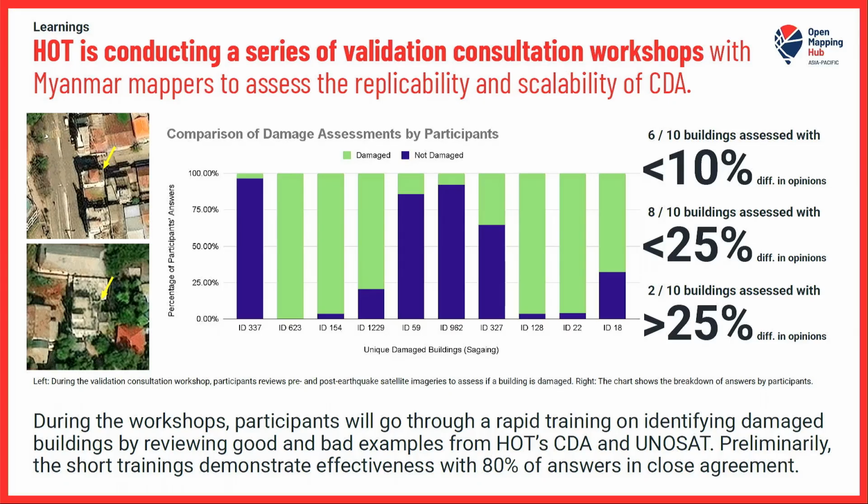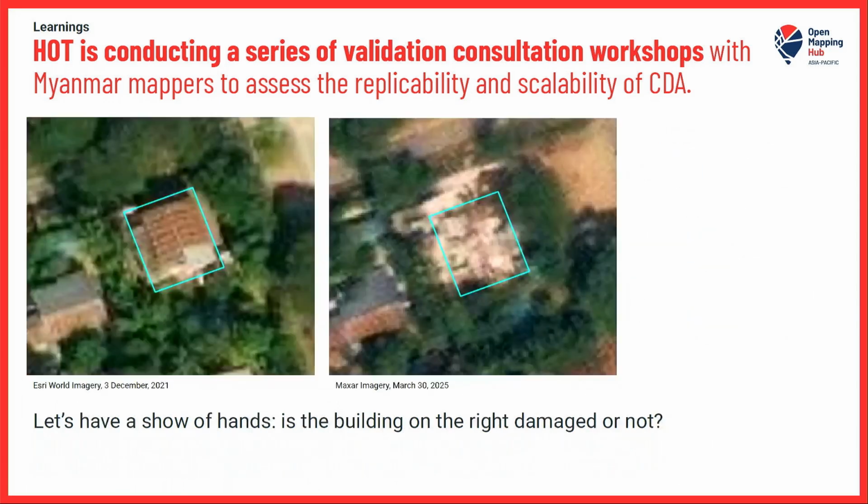And for 2 out of 10, there is more than 25%. So through our validation workshops, we can confidently say that there is an 80% close agreement among our mappers. And it is very important to achieve that level of agreement because this is crowdsourcing. We need all mappers to have the same level of skills in identifying damage.